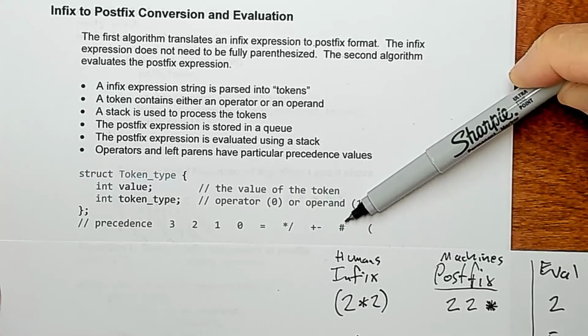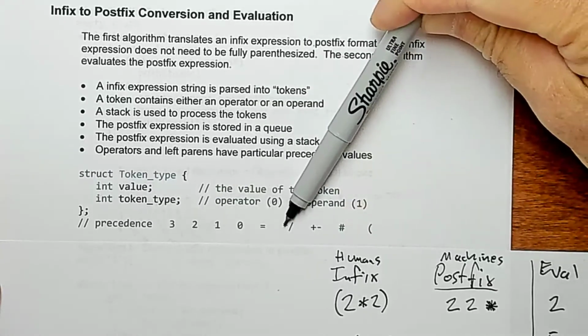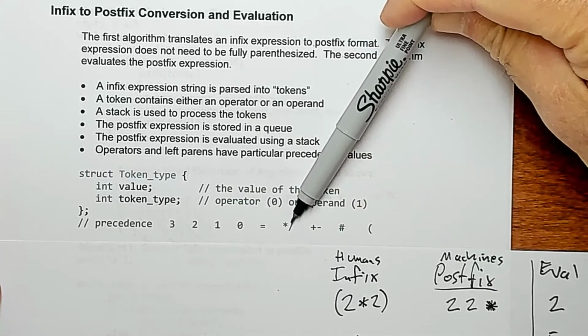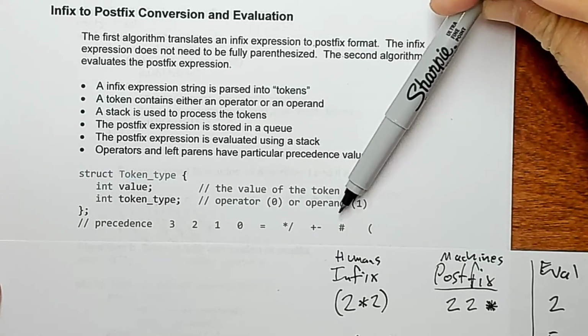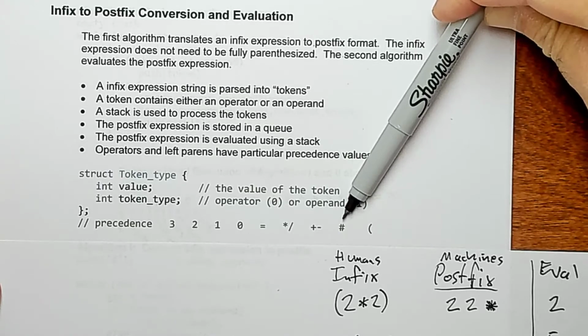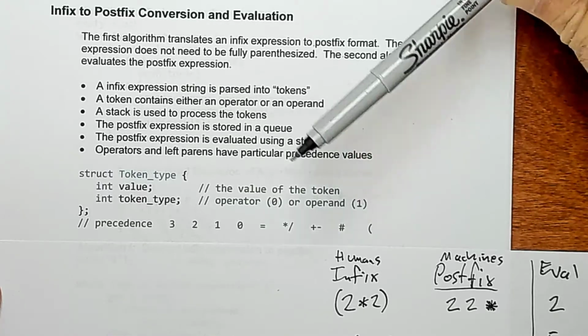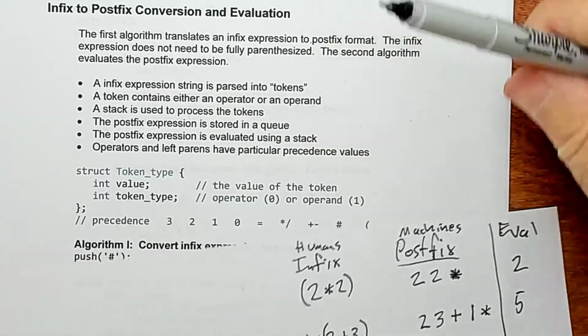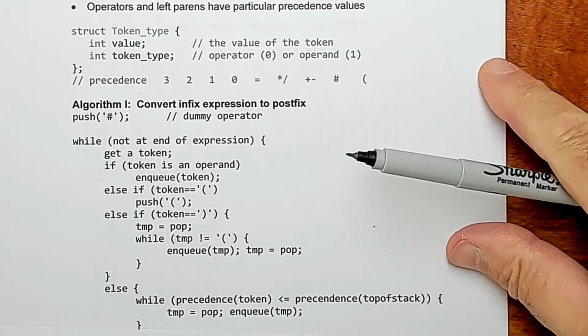And this is just to clean up the algorithm. So these two have a precedence of 3. These two have a precedence of 2. This has a precedence of 1. This has a precedence of 0.